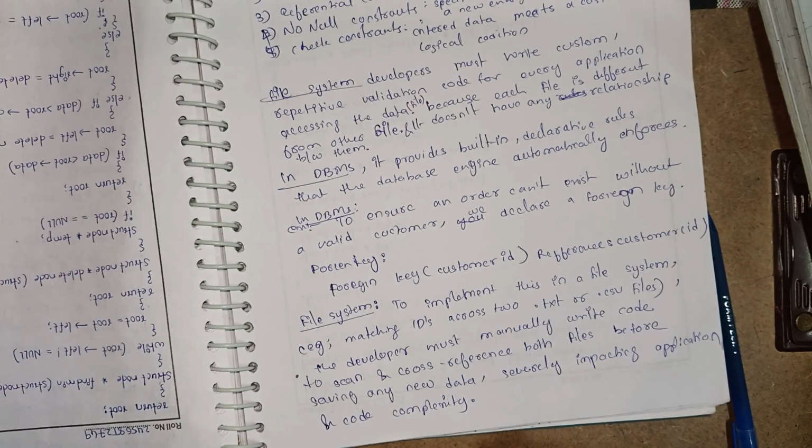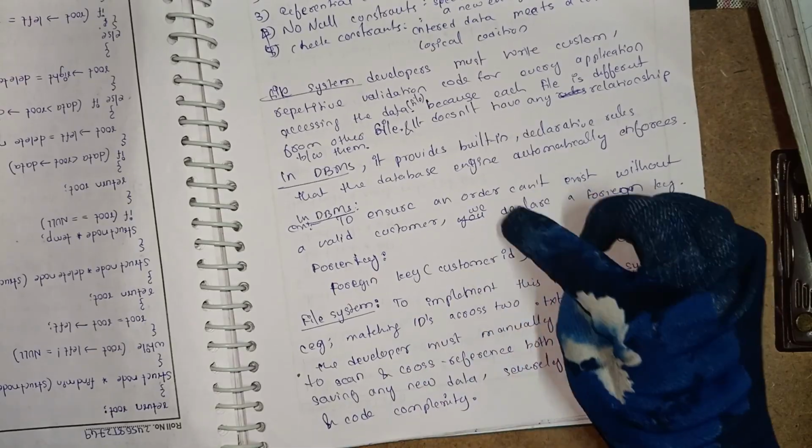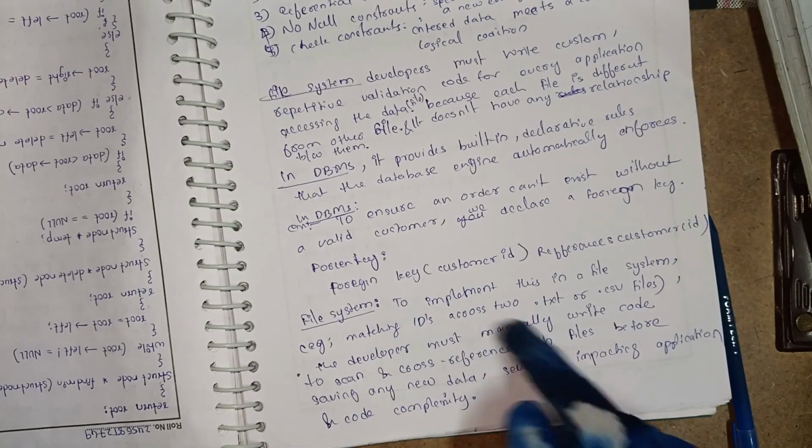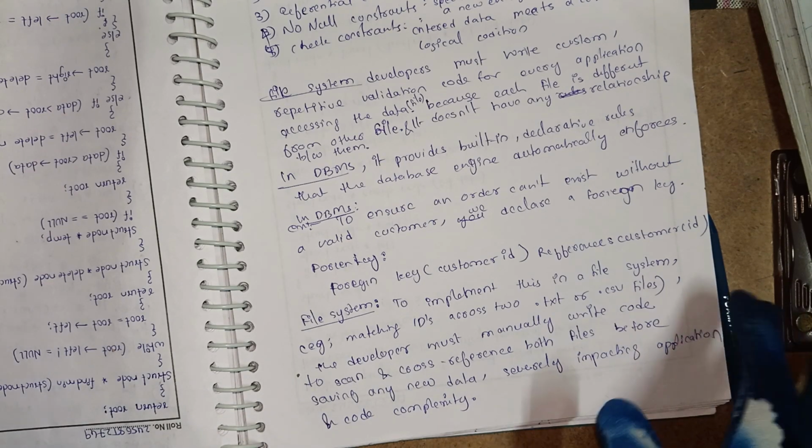So all the management is taken by the system only. Here we have to manually check it. So that's why integrity constraints are difficult to implement in the file system and easy to implement in the database management system.